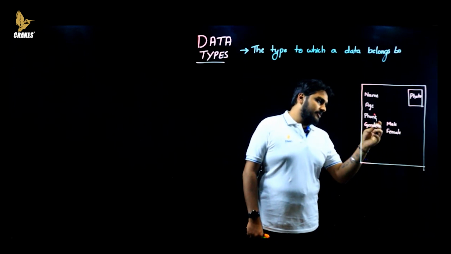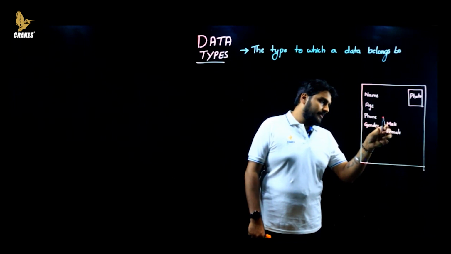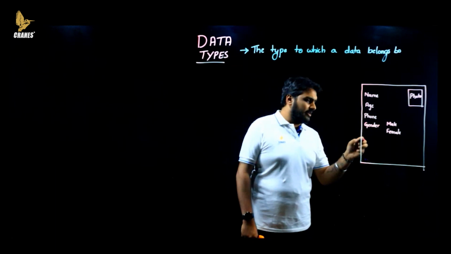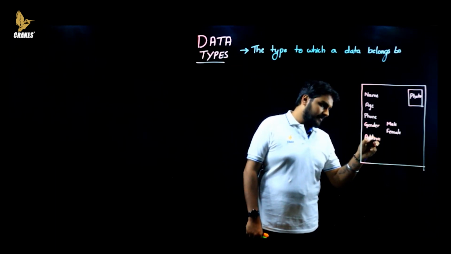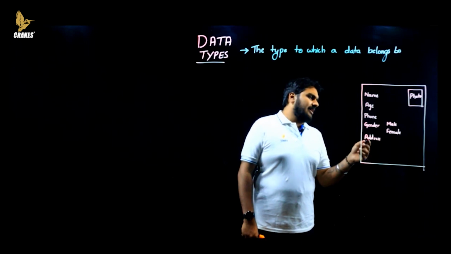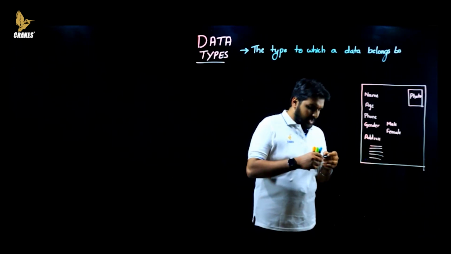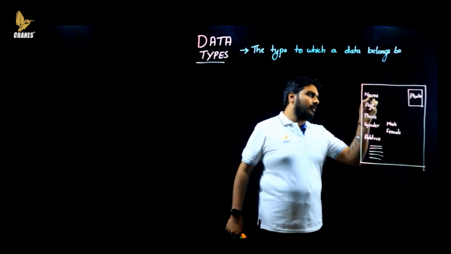This is your gender. Next they're asking your address, and later on so many other details they're asking you. And you are also filling your details. I am going to fill the details here for one person.